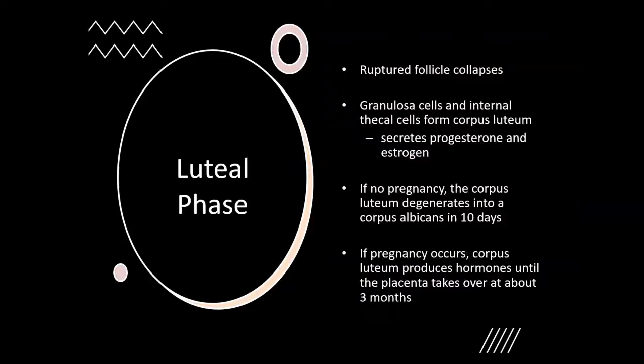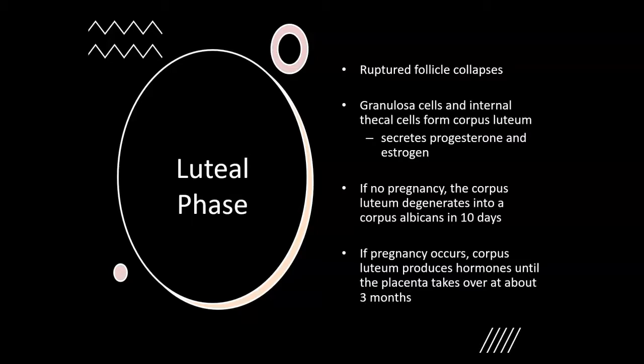If it doesn't occur, we would go into the luteal phase, where the ruptured follicle is going to collapse. The granulosum cells and the thecal cells will form the corpus luteum, which are going to secrete progesterone and estrogen. If there's no pregnancy, that corpus luteum will degenerate into the corpus albicans in 10 days through apoptosis.